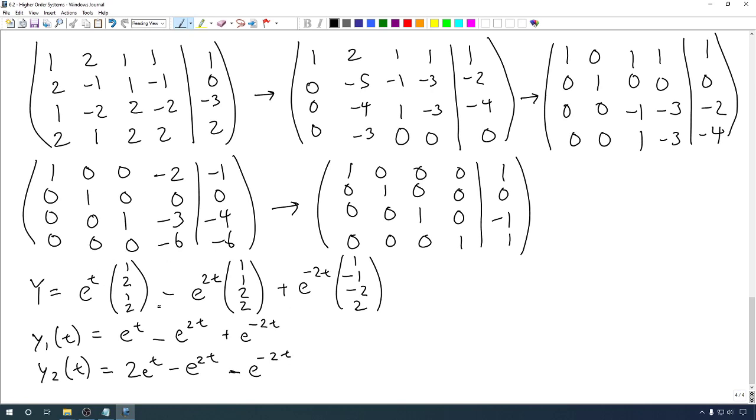And if you want, you could write out y3 and y4. y3 would be e to the t minus 2 e to the 2t minus 2 e to the negative 2t. y4 would be 2 e to the t minus 2 e to the 2t plus 2 e to the negative 2t. But remember what y3 and y4 are.